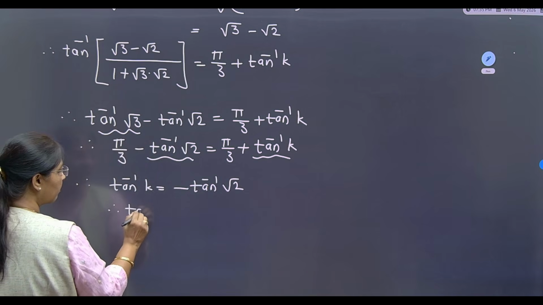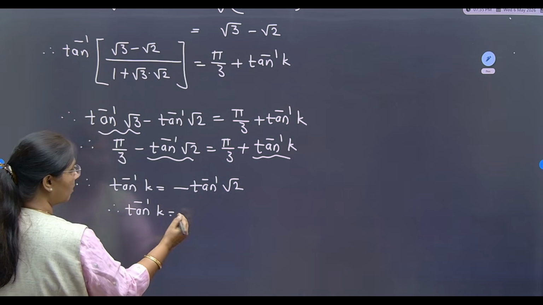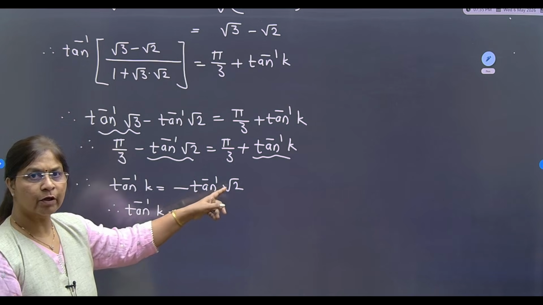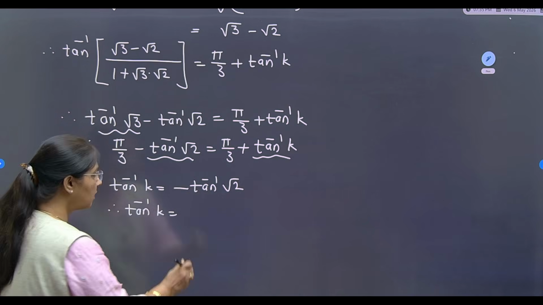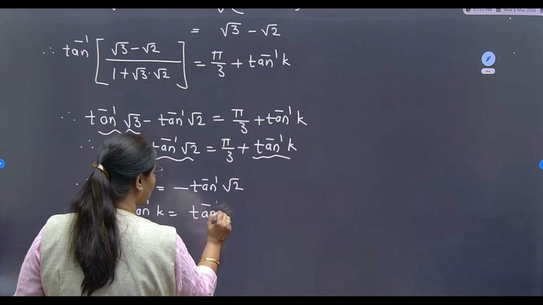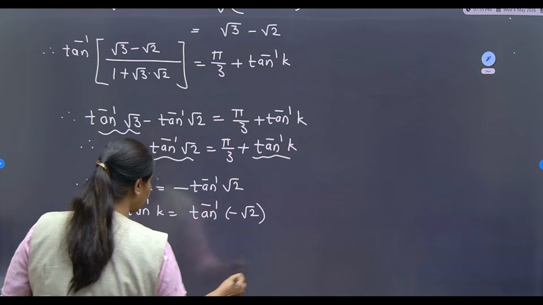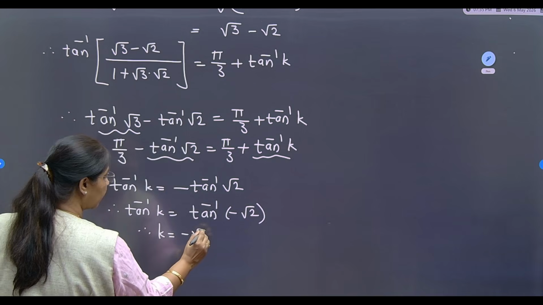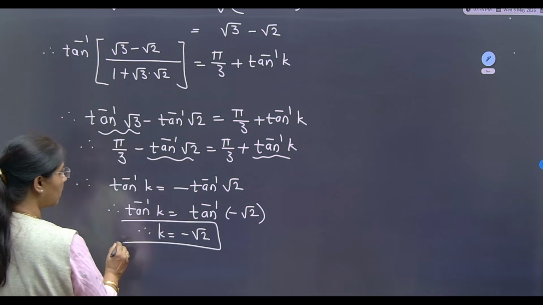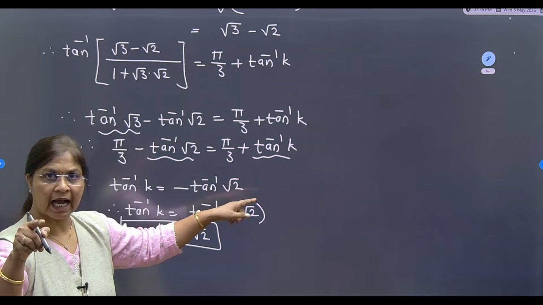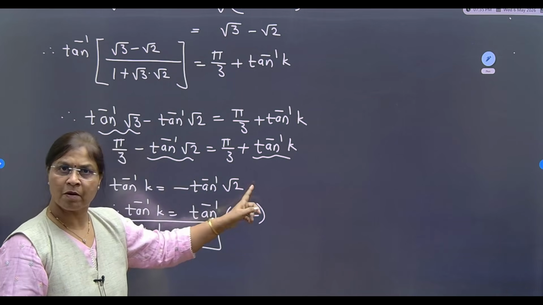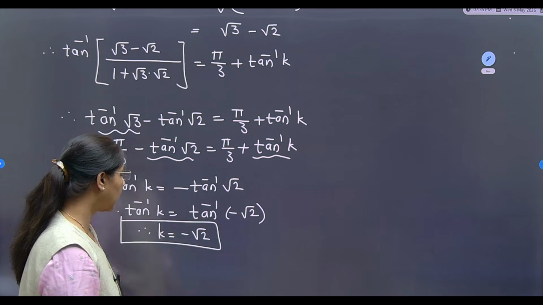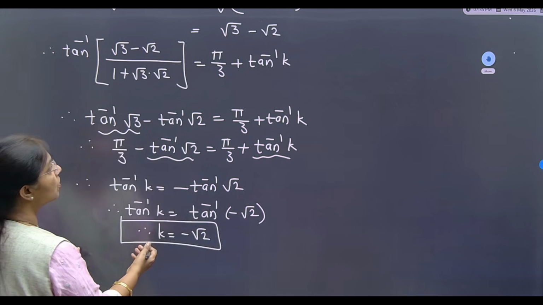Therefore, tan inverse of k is equal to minus tan inverse of root 2, which equals tan inverse of minus root 2. We know that minus tan inverse of theta is equal to tan inverse of minus theta. Therefore, the value of k is minus root 2.